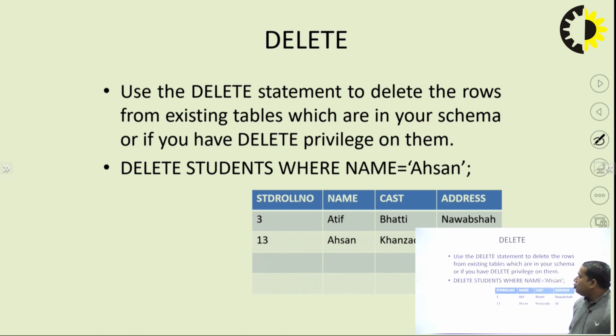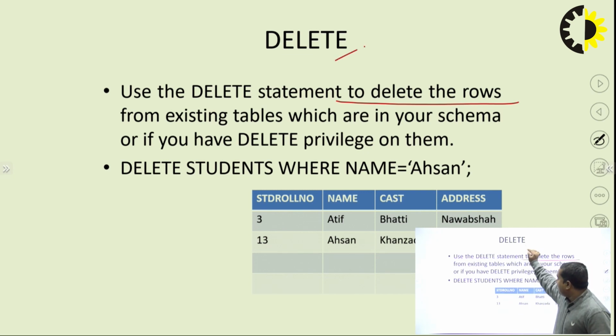This is basically used to delete rows. Okay, so we have inserted some rows in our table using the insert command. If we want to delete some records from our table, we want to delete some rows, first of all, we need to identify those records. We can use our primary key or some common attributes where we want to perform the delete operation.